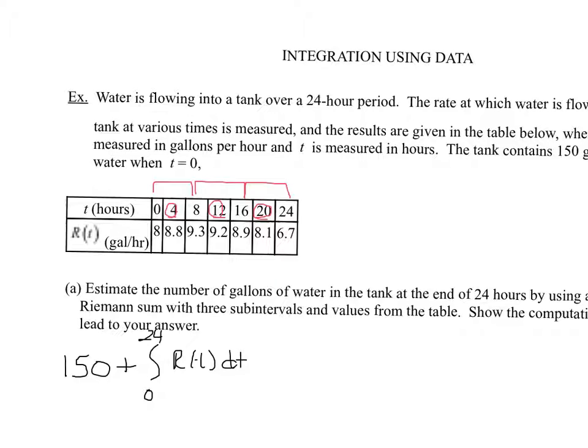Now, the width of each subinterval, the first one is 8 minus 0, the width is just 8 hours. The width from 8 to 16 is 8 hours, and the width from 16 to 24 is 8 hours. So our dx is 8.